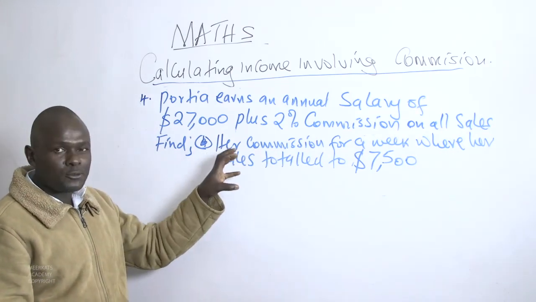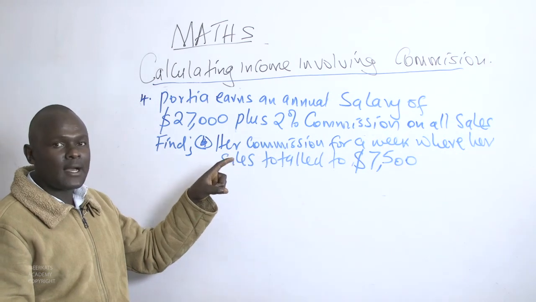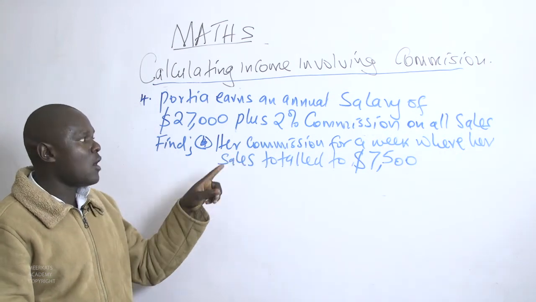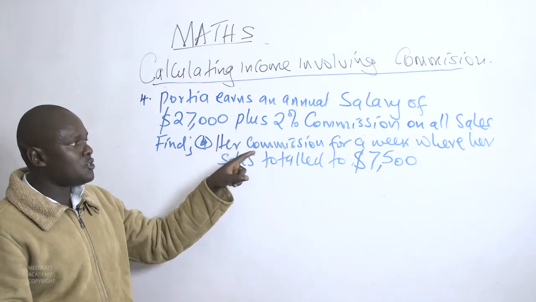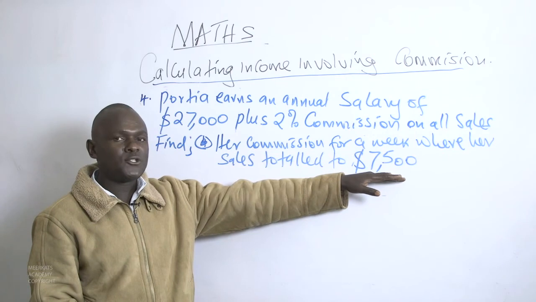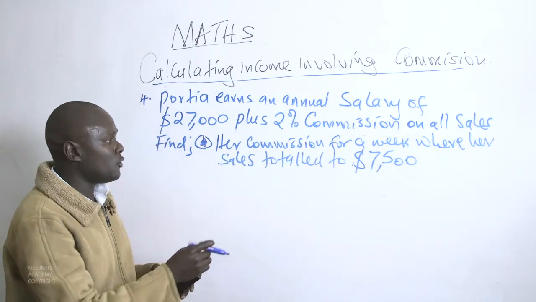We want to calculate the commission. The first question wanted us to calculate her base weekly salary. Now we want to get the weekly commission, the commission that she will make in a week where the total sales were $7,500.